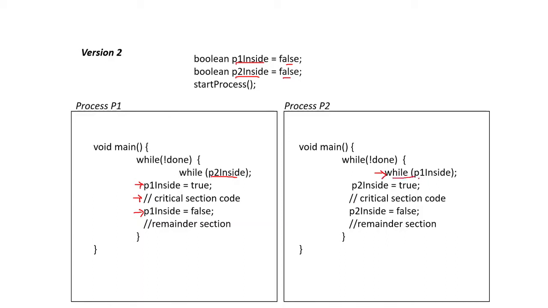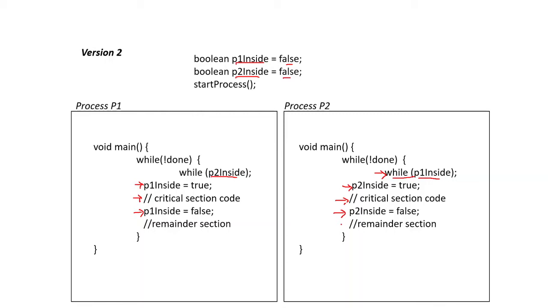The p1 inside variable has been set to false by default when the system starts. So this will evaluate to false and then it will execute this line of code, setting p2 inside to true. Then it executes in the critical section, and after coming out, it will set the value of p2 inside to false and then execute the remainder section.